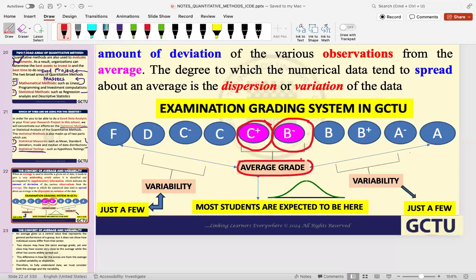And once it's the average range, it means that most workers are expected to meet their targets to be in the average range. Now, sometimes there are some considerations. If you don't meet your target, what happens? Assuming they are expecting C plus from you, and then you get C, you haven't failed.